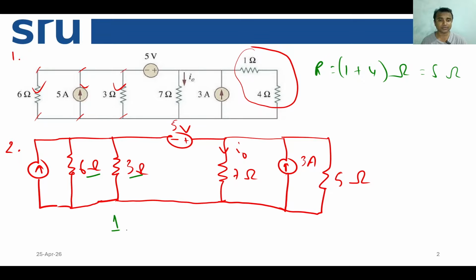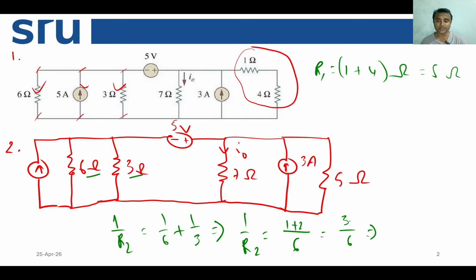Let's say this is R1 and this is R2. So 1 over R2 is 1 over 6 plus 1 over 3, which is 1 plus 2 over 6, which is 3 by 6, which implies R2 equals 2 ohm.